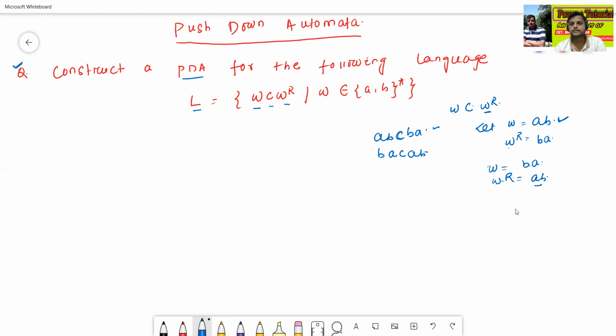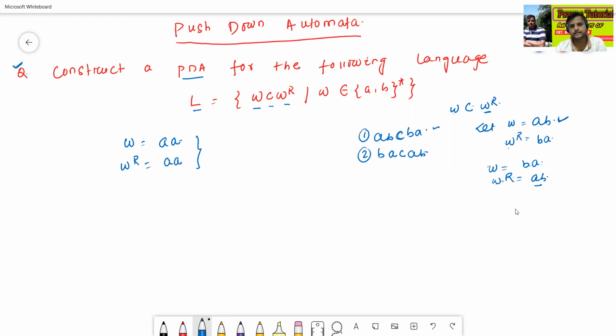In this way we can generate the strings. This is the first string, this is the second string. Suppose W equals AA and its reverse WR equals AA.